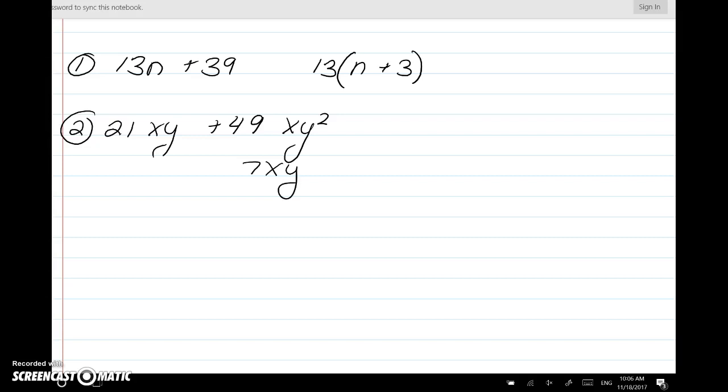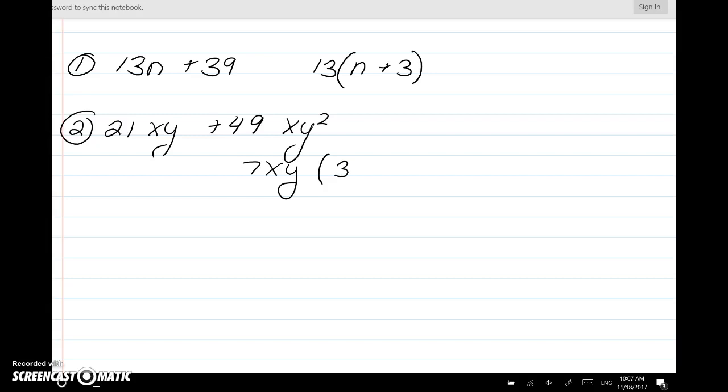This is why in third grade we tell you knowing your multiplication tables is important. Here's a good example why. It's easier to pull out your factors if you know your multiplication. I know the only factors of 49 are 1, 7, and 49. And if 7 is a factor of 49, maybe it's also a factor of 21, which we know it is. So again, those multiplication tables, if you don't know your facts, you might want to study them.